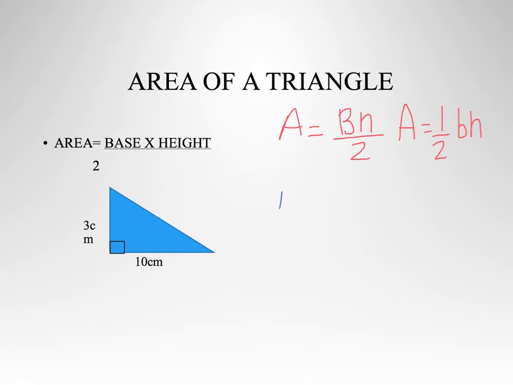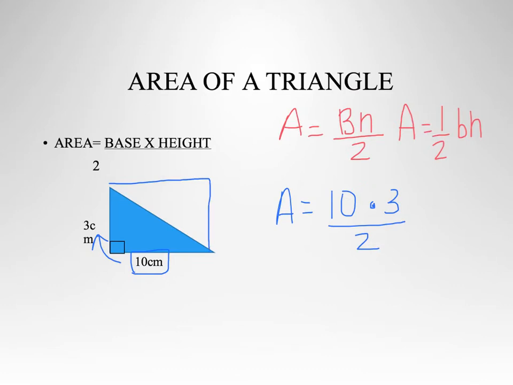So we're going to do area equals, and my base again is down here at the 10. My height is the 3, so 10 times 3. And then you're going to divide it by 2. And a lot of people want to know where this formula comes from. If you think about it, if I was to put the other side of this triangle here, it would end up being a rectangle.